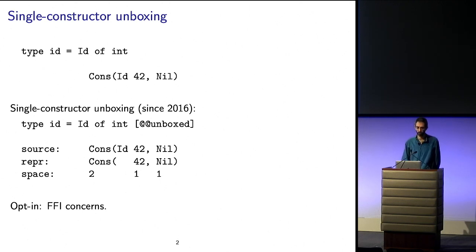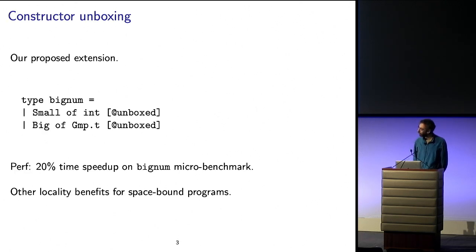Okay, so this is already around. And then Jeremy said, well, you know, we only know how to do this when there is a single constructor or a record with a single field, but maybe we could do better. So we could have several constructors, and maybe we could allow to unbox one or several of those.